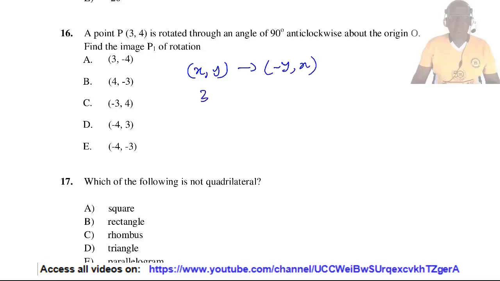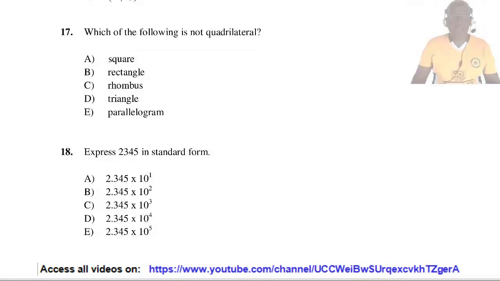So (3, 4) will map into (minus 4, 3). So the answer is D. Question 17. Which of the following is not a quadrilateral? D. Triangle.